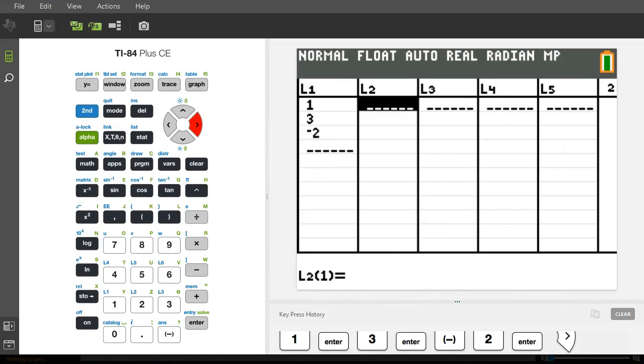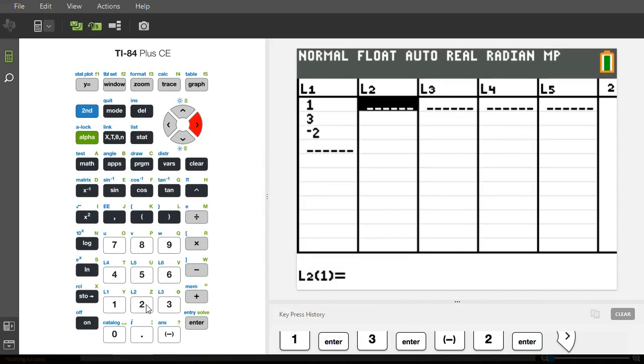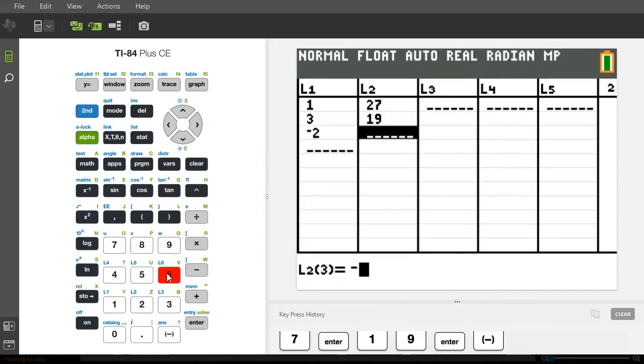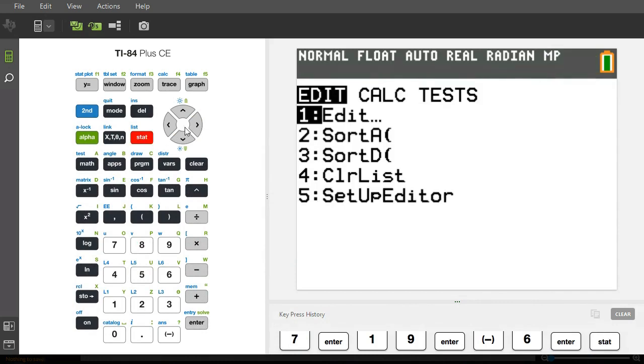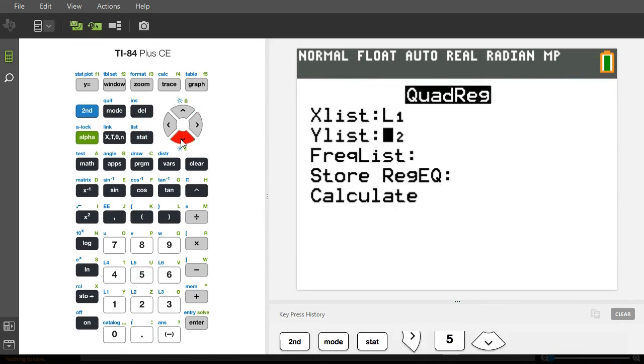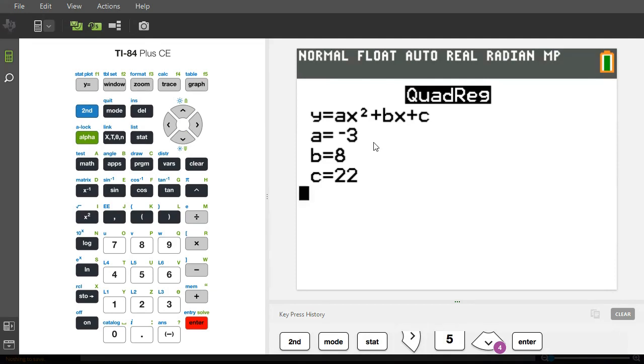And then the y values that correspond with those are 27, 19, and -6. So then I want to quit out, stat, calculate, quadratic regression. Again, I could store it, but we're not really using that at the moment. I hit enter and I get my answer.